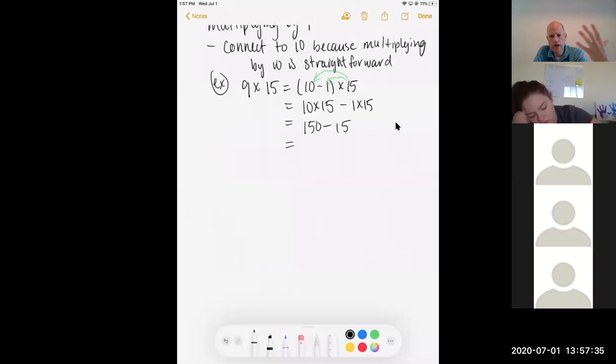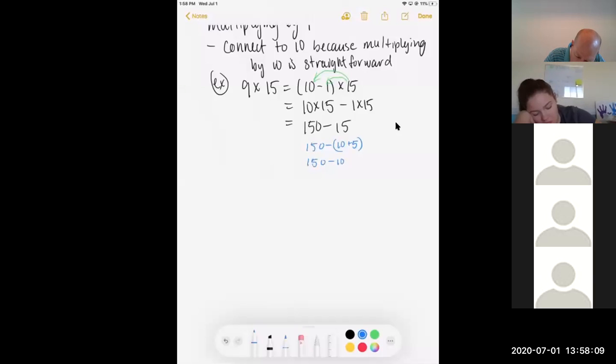Here is where you have to subtract a little bit more mentally. Now we have some mental strategies for subtraction, and I just used the breaking up one. I break up my 15 into 10 and 5. So 150 minus 10 is 140. 140 minus 5. Now, I split up my 15 into 10 plus 5.